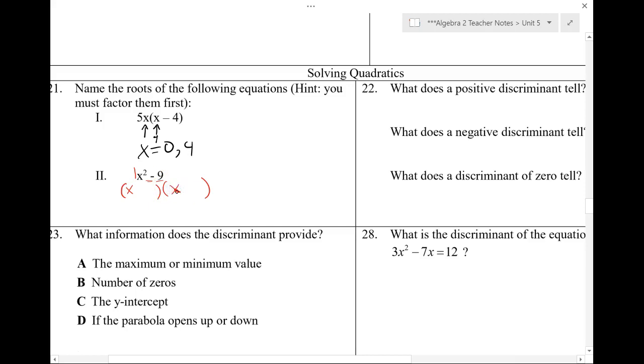And I take the square root of the second one, and that becomes the second term in each parentheses. And then it's going to be plus and minus. And if you look in your factoring section in your notebook, you'll find that there.